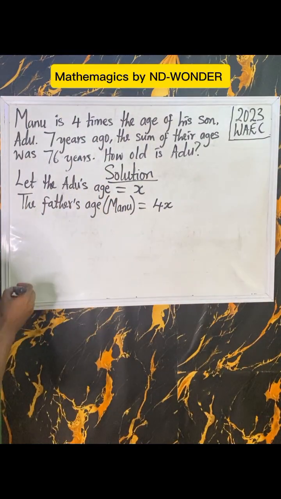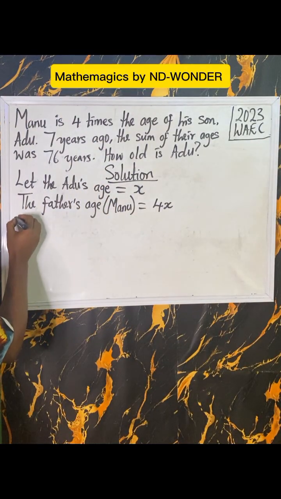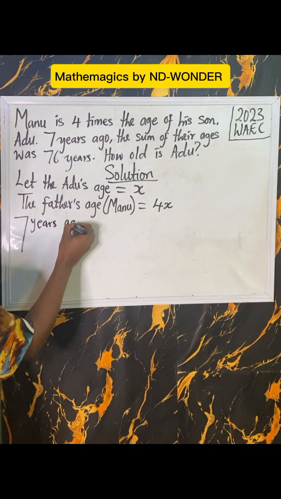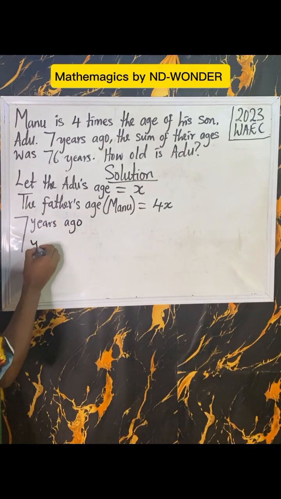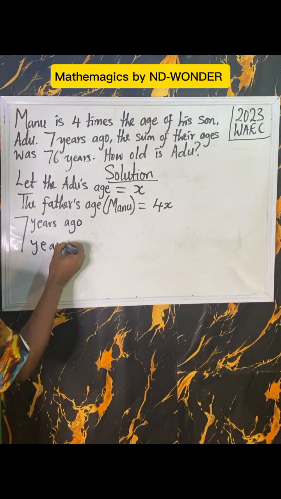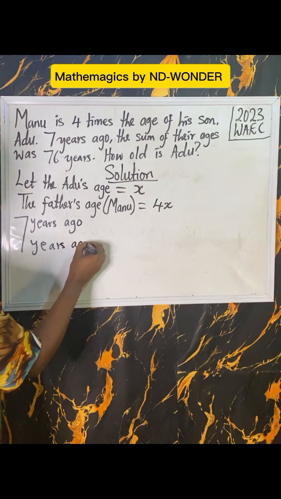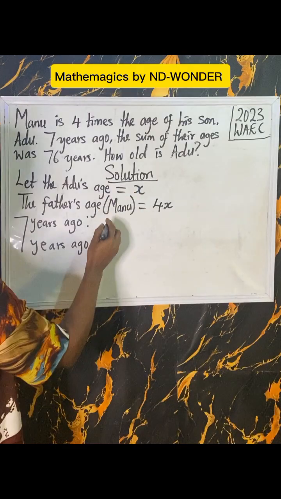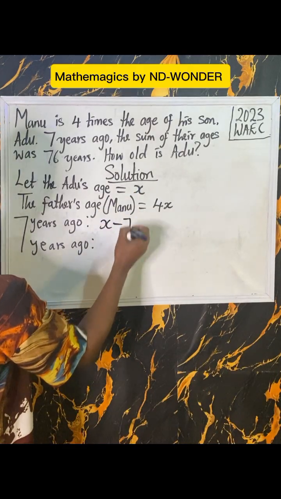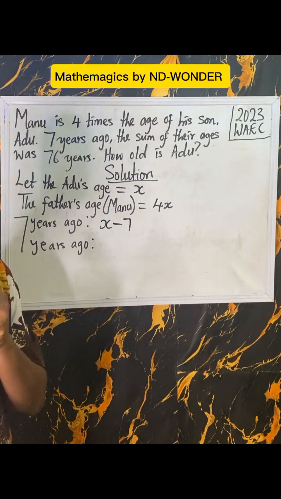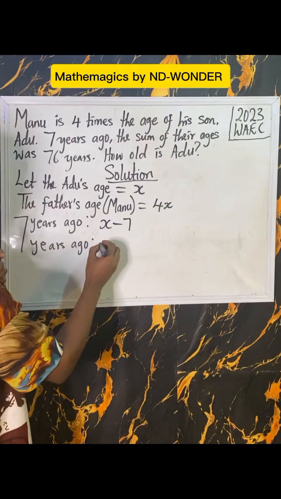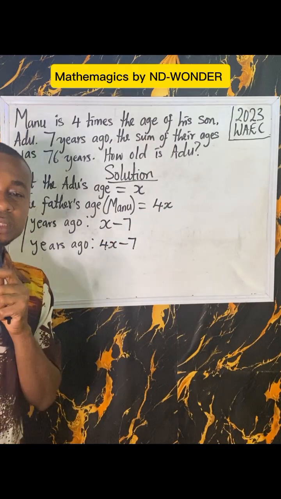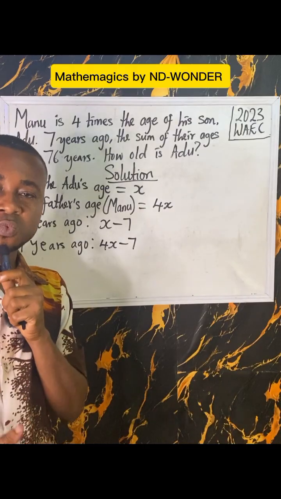So 7 years ago, for the son, it will be X minus 7. Then that of the father, it will be 4x minus 7.